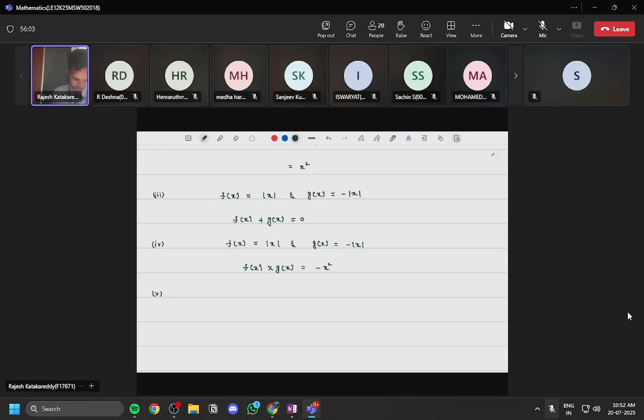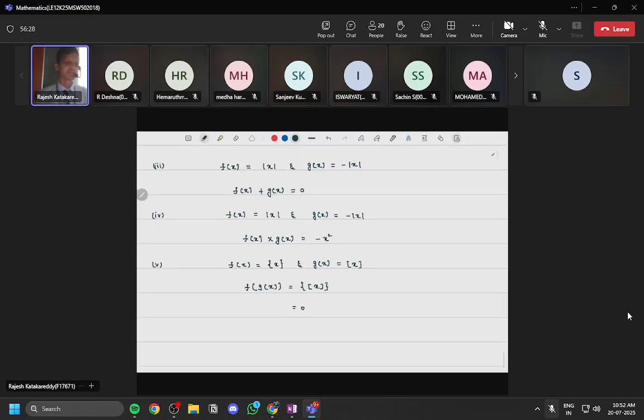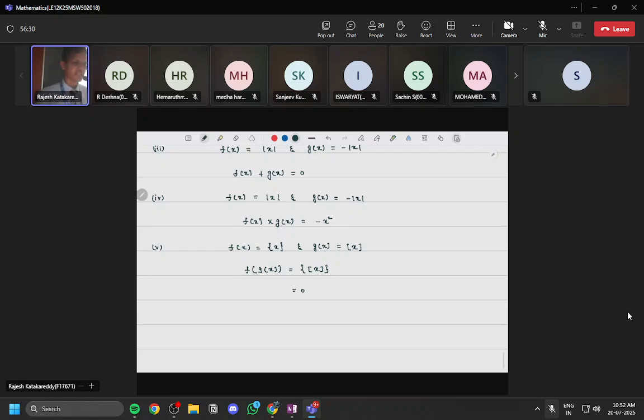What I did now is something like this. f of x is equal to fractional part of x, g of x is equal to greatest integer of x. Now, f of g of x will be fractional part of greatest integer of x. That will be 0. Clear? So this is what I have as a counter example.